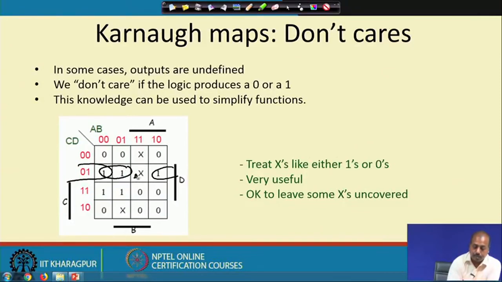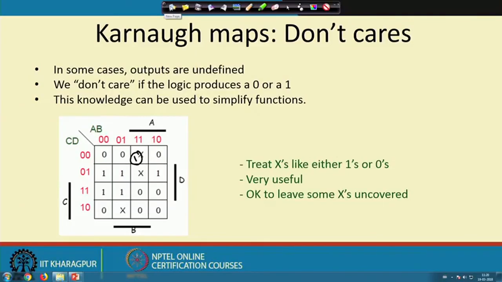If I take this x as 1, then I can make a quad formation like this. Similarly, for this x, if I take a 0, I do not need to do anything for this row, but if I take this as 1, then this has to be covered in some sense, so I have to introduce some term there. This way, the x's facilitate the minimization process, and can be taken as 1s or 0s depending upon the situation. We will take some examples and see.